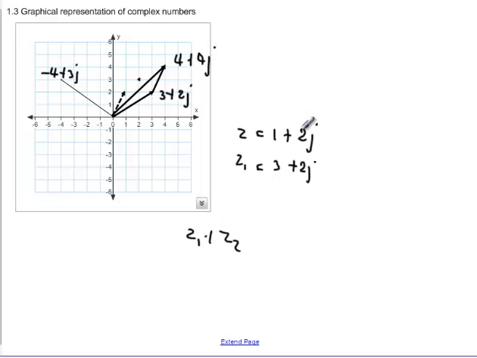Arithmetically, these are the values. That will be equal to 1 plus 2j plus 3 plus 2j. Adding those two, like we did yesterday, we're getting 4 plus 4j.